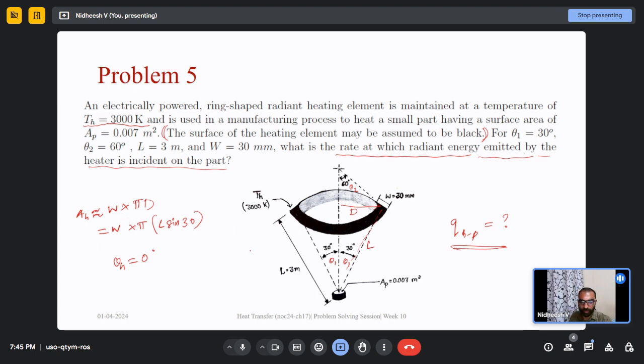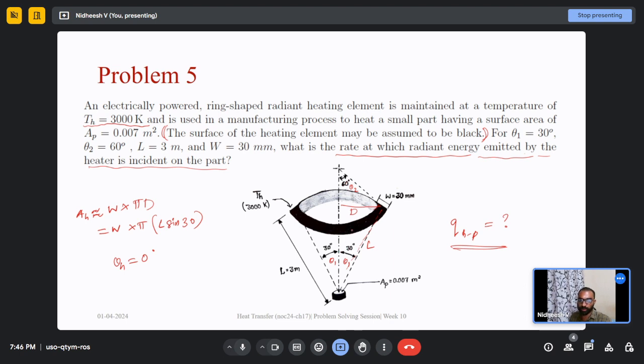This line is actually the normal line also, and this is also the line connecting the centers of this emitter and receiver. Why is this the normal line? If you check this angle, this is 60 degrees. If you check this angle, this is 30 degrees.